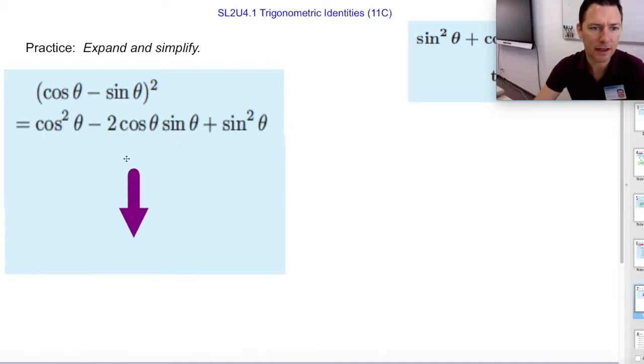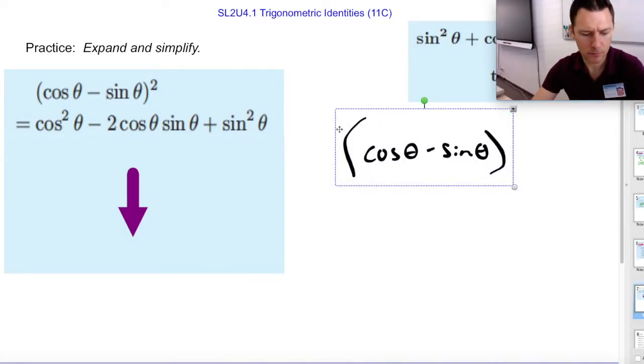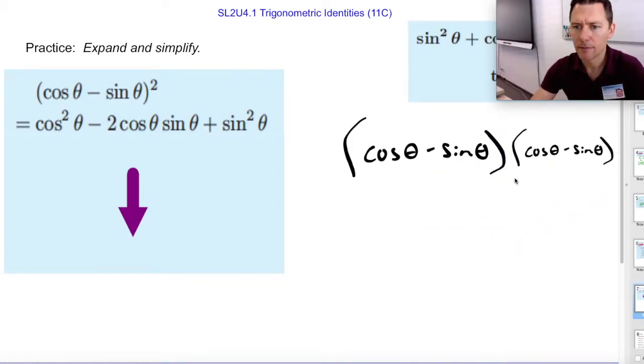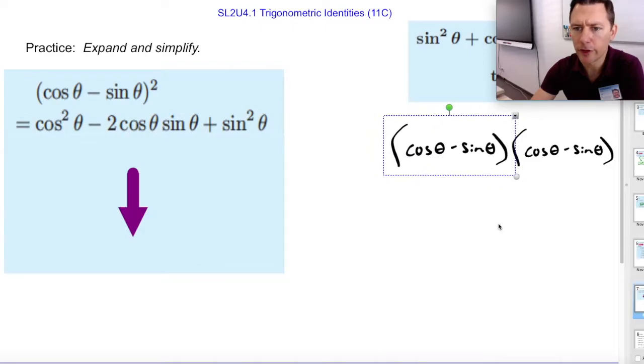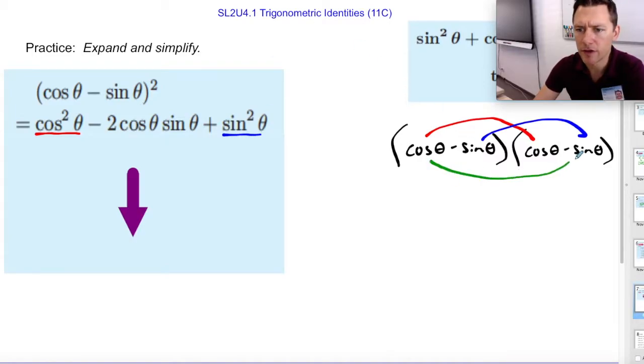So expand this to say I've got 2 of these multiplied by each other. If that's hard to see, you could write it out: cosine theta minus sine theta times itself. And when you do your foiling bit, you get cosine squared theta, you get positive sine squared theta, and you get a cosine sine and a cosine sine. They're both negative.